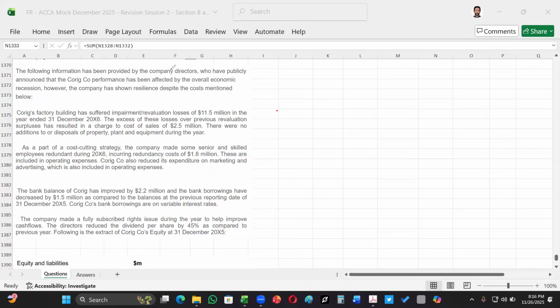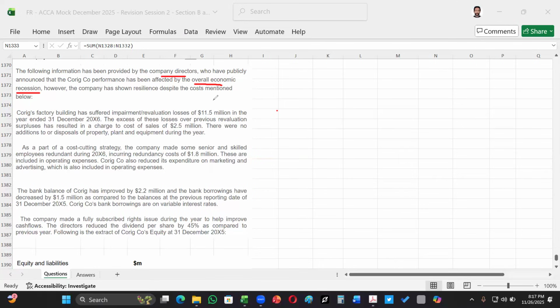Okay, so the directors know and have announced publicly that the performance is not great, and this is related to the overall economic recession that this country might be going through, and this is having a negative effect on the company. However, the company has shown resilience despite the costs mentioned below.